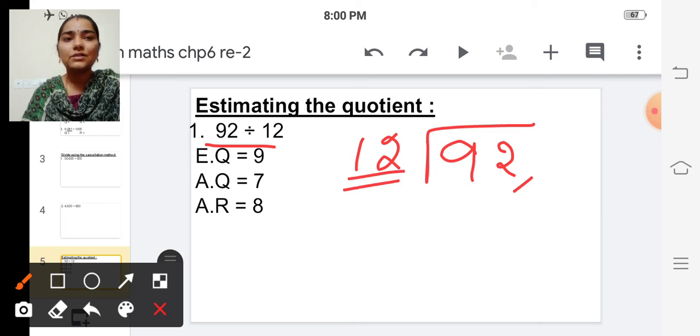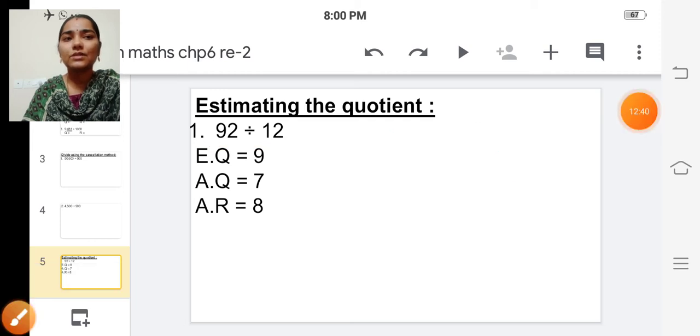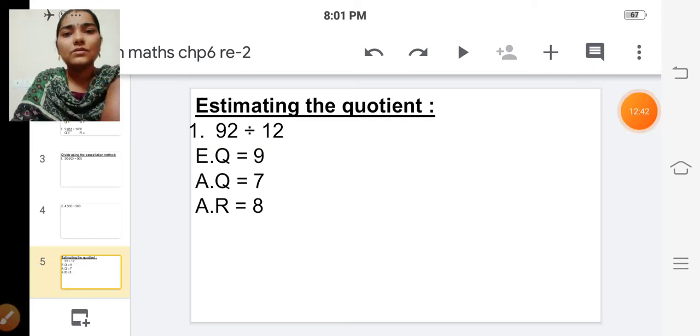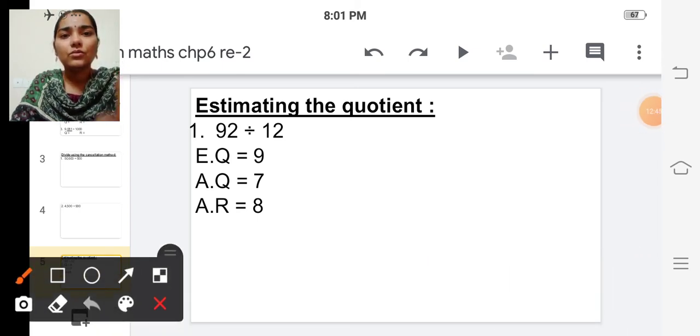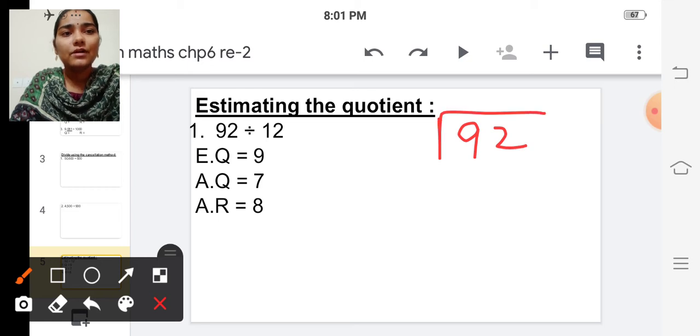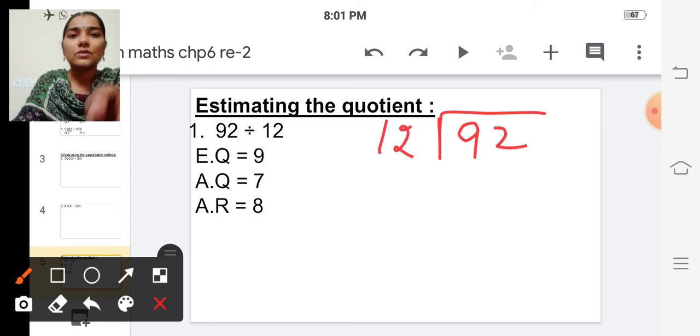So consider the first 2 digits of the dividend. How many times will it go? Can you tell me? So we have to divide 92 by 12, isn't it?